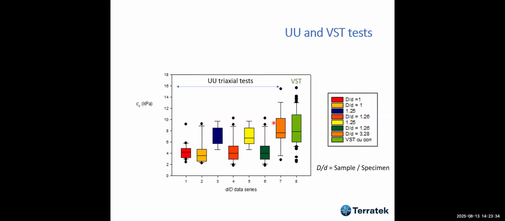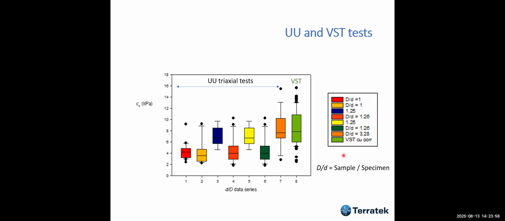Okay, and then I did some comparison with the field vane shear test, which we're going to address later on, because this is an in-situ test. So, how to correlate this vane with UU tests?